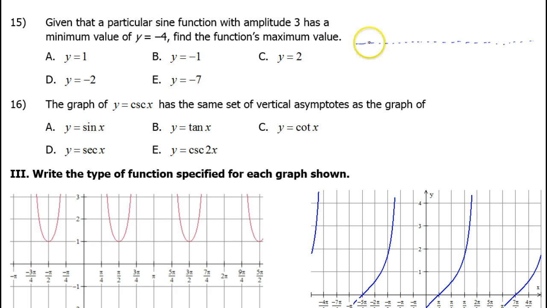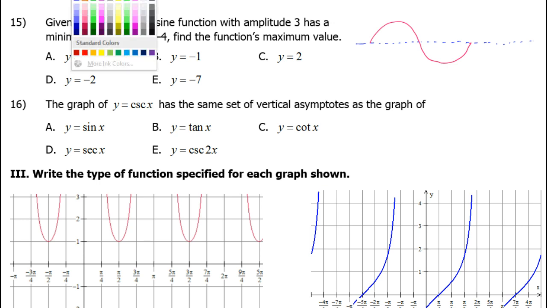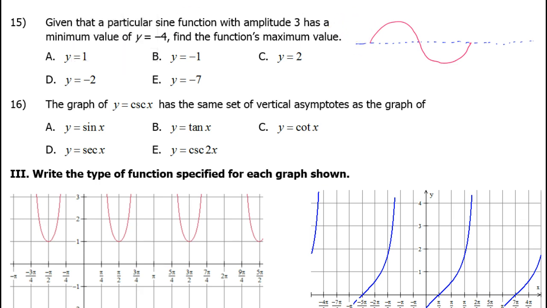So we're talking about a sine function, so I'm going to graph myself a sine function. Okay, so here's one period of a sine function. Now I'm going to put a y-axis down, and again, I don't know where the x-axis is yet.